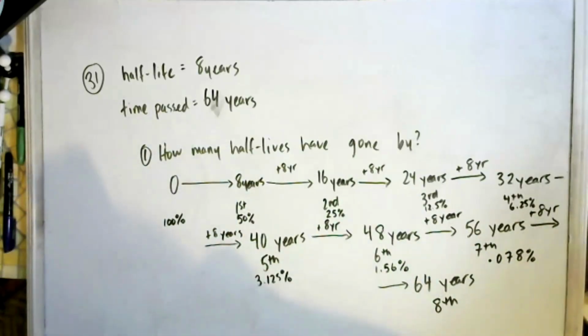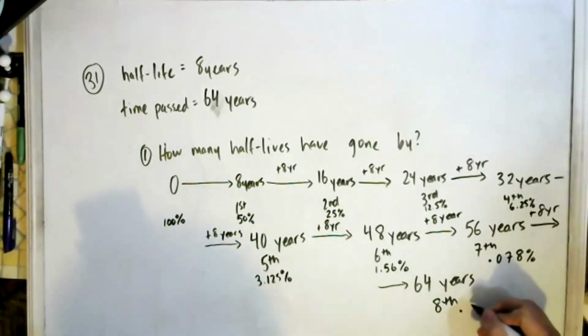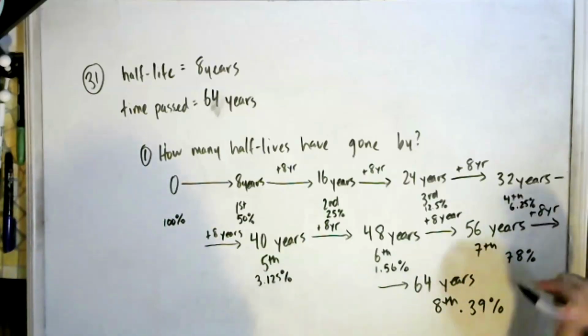Okay. And then for our 8th half-life, we're going to divide it one more time. Okay. Sorry, that should have been 0.78.